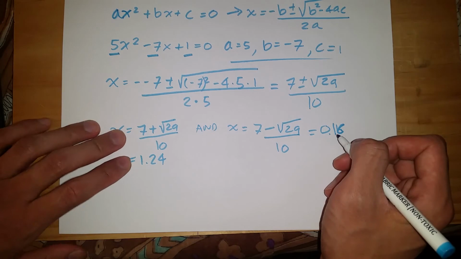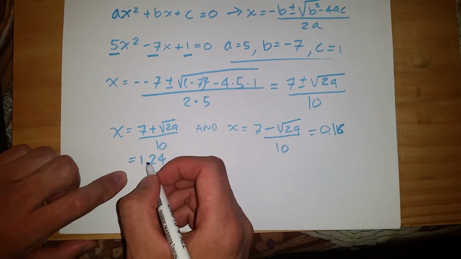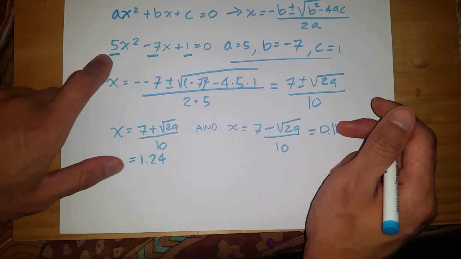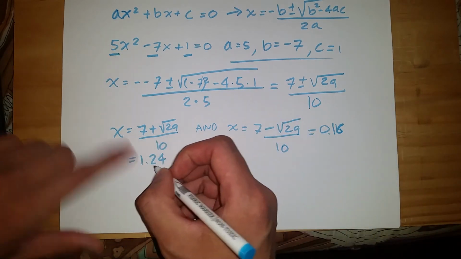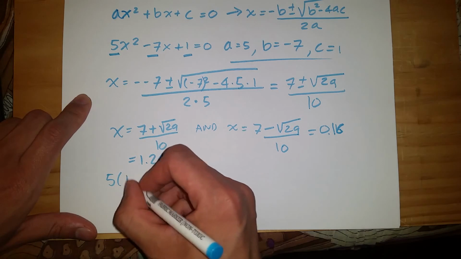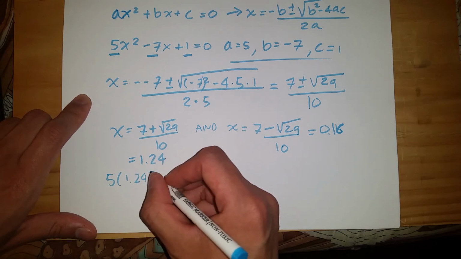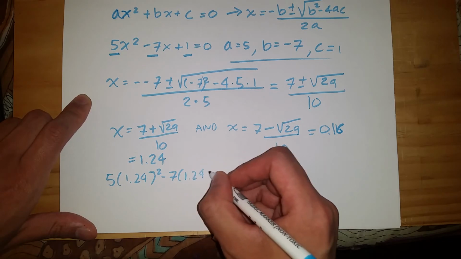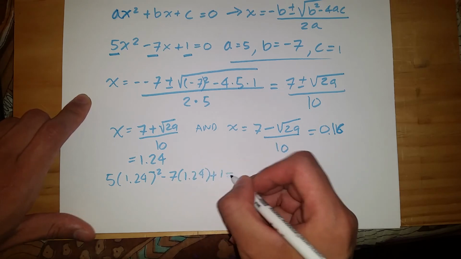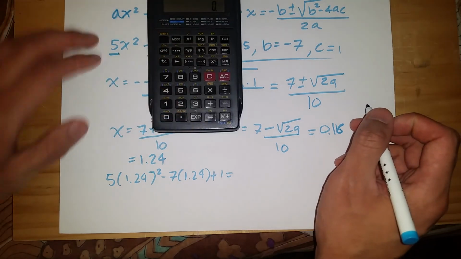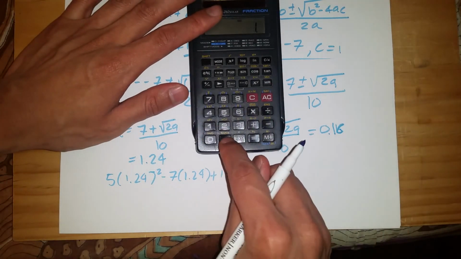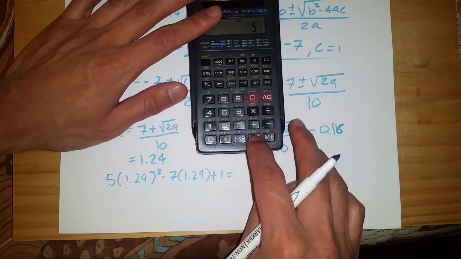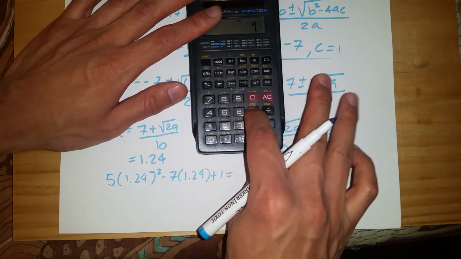So we can check if our solution is correct by plugging this and this into here. Let's start with this one. 5 times 1.24 squared minus 7 times 1.24 plus 1 should be equal to 0.